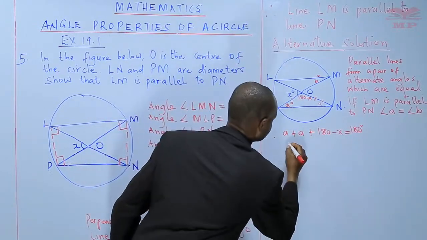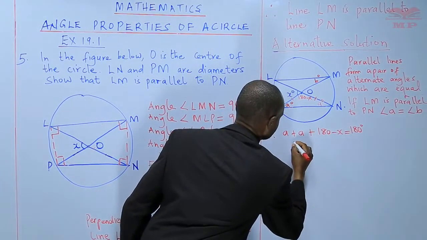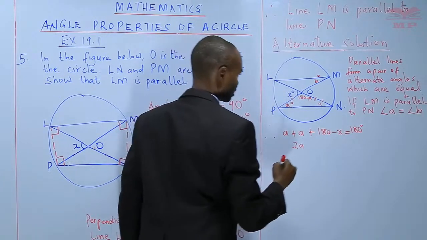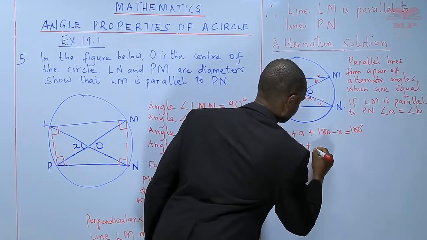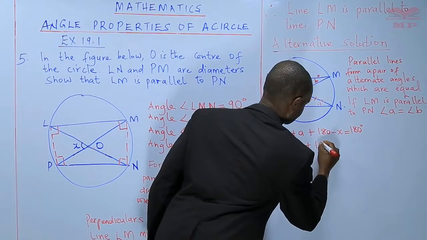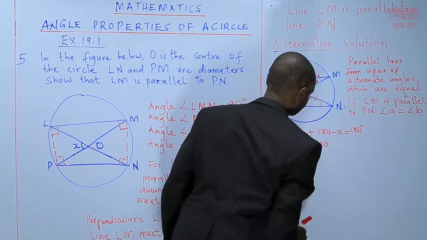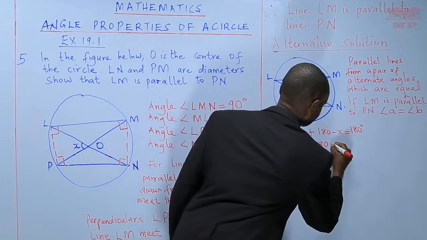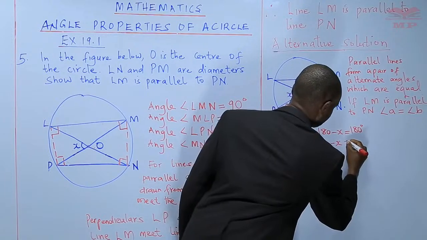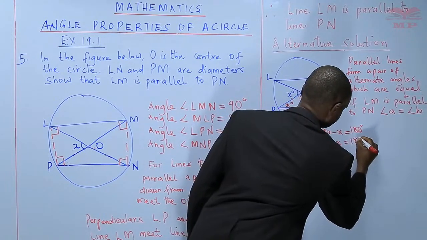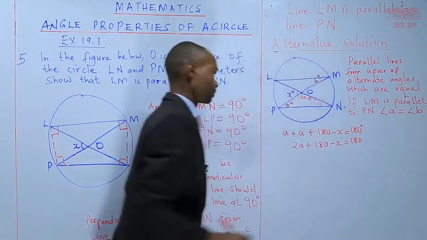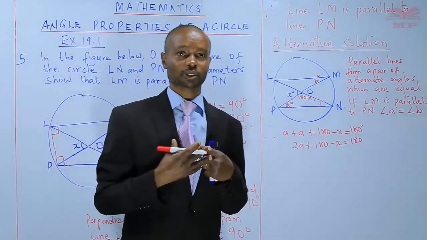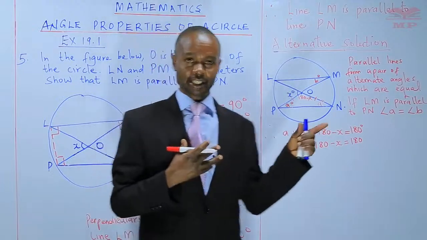A plus A, we'll get 2A, plus 180 minus X, is equal to 180.